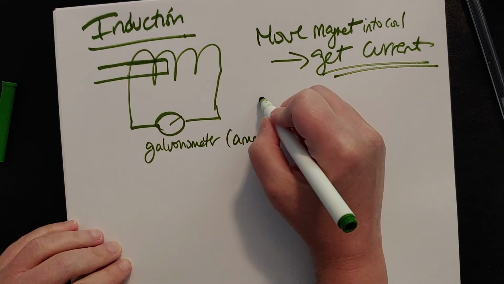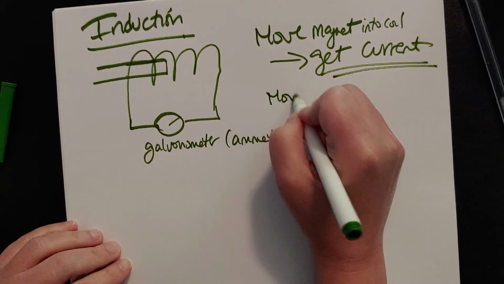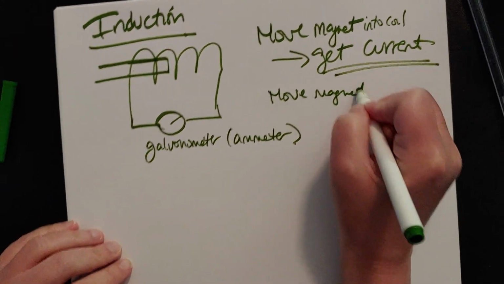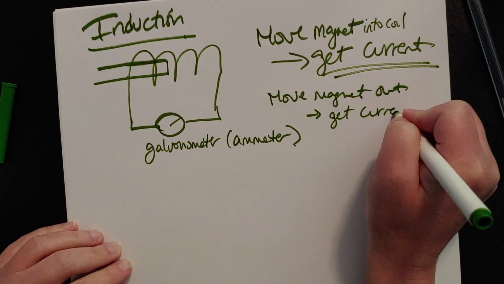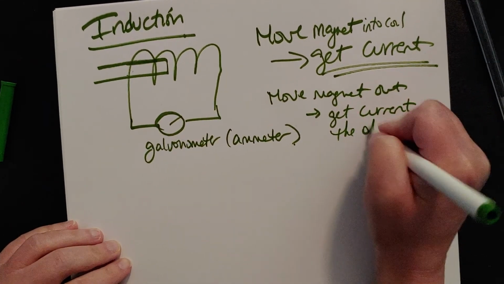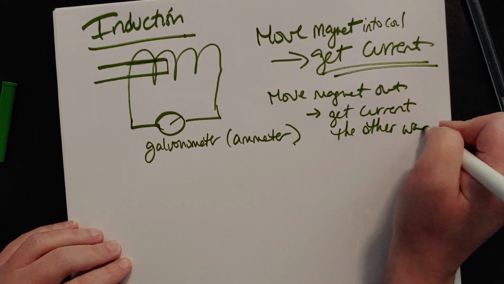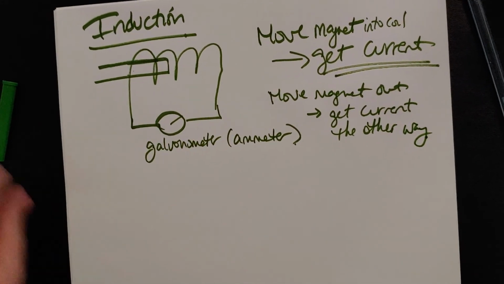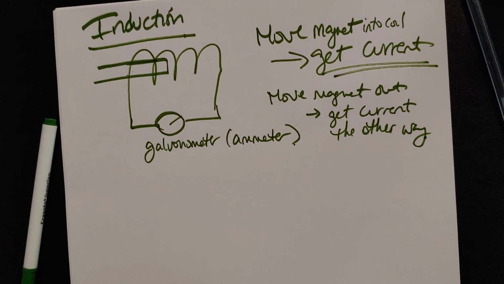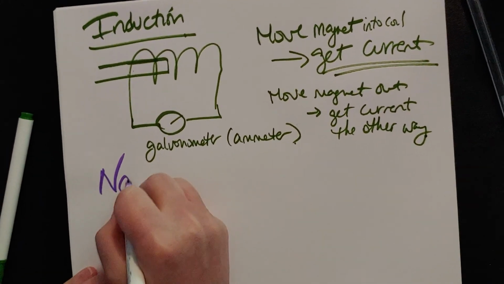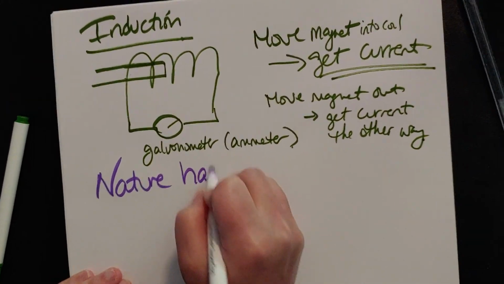What's also fun is if you move the magnet out, you get a current the other way. Okay, so this is Faraday's law of induction that we saw. It was one of Maxwell's equations. And the idea is that nature hates change.